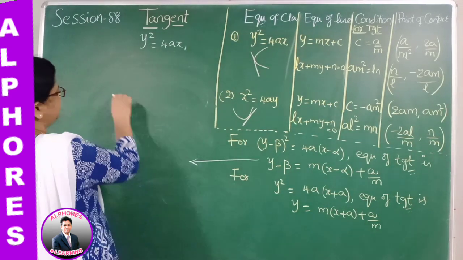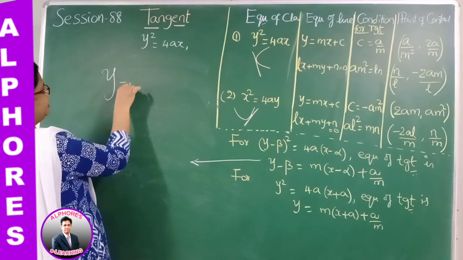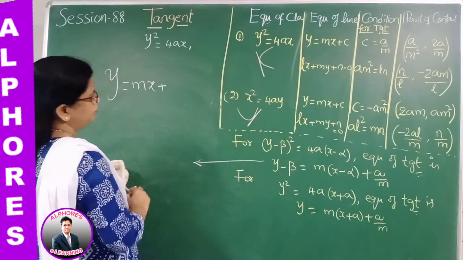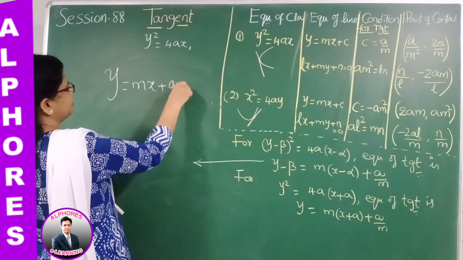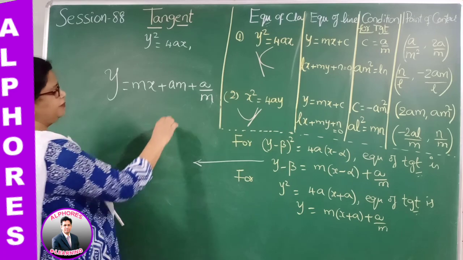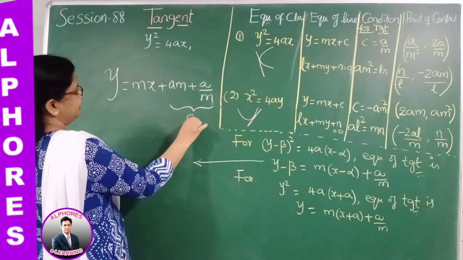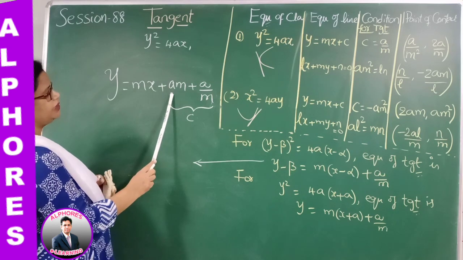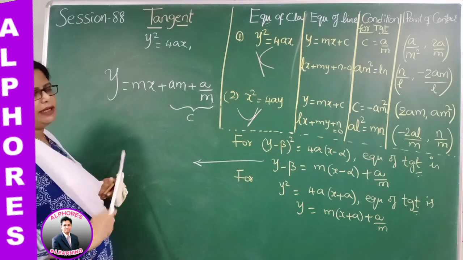Therefore the same condition we write y is mx. I am distributing m value inside, plus am and plus a divided by m. So this is the value. That means what is the c value, students? If it is of the form y is mx plus c, then c is nothing but am plus a by m.